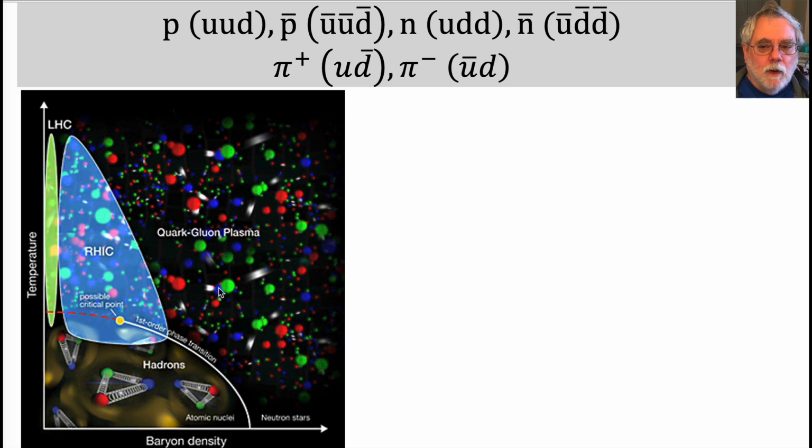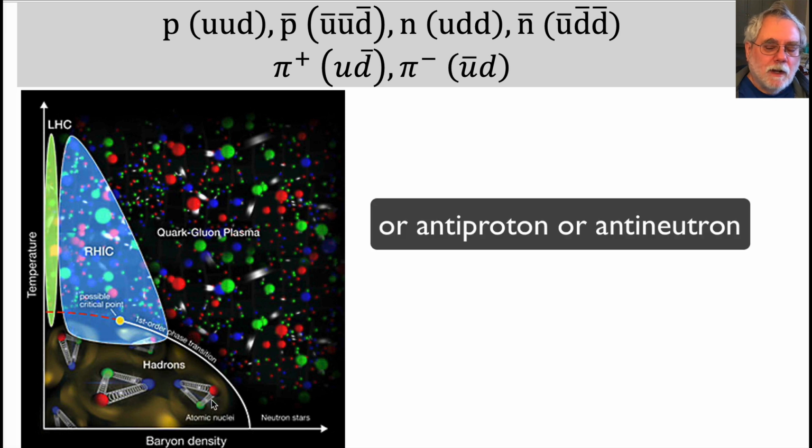The quarks and gluons underwent a phase change from quark-gluon plasma to now a plasma of individual hadron particles, shown at the lower left. This might be a proton, this might be a neutron.